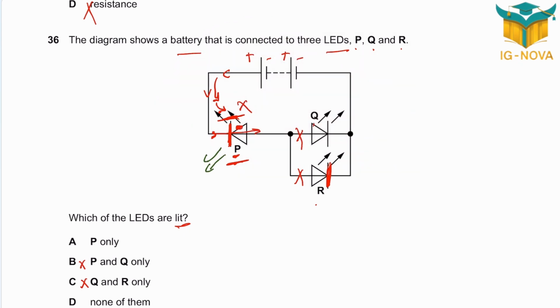If it's on the opposite side, it will work in this case. But as the original is here, current will not pass also. So B also will not light, so none of them will work at all. B may work when the arrows are in the opposite direction.